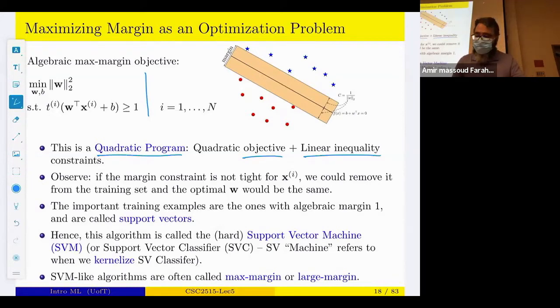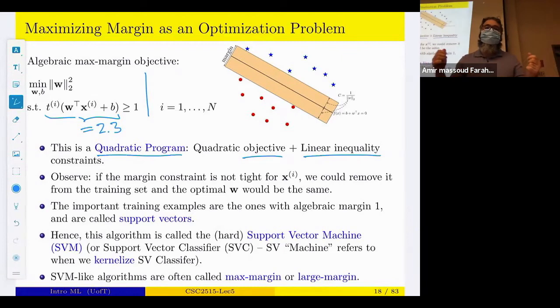One observation, which maybe requires a little bit of thinking in terms of the constraint, but I try to convey it, is that if the constraint is not tight, which means that for one of the xi's, this value becomes, say, larger than 1, 2.3, then for that point we say that the constraint is not tight, which means it is not close to the limit of 1 that it has to satisfy.